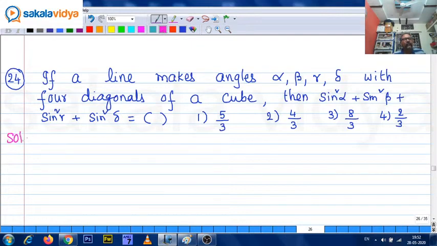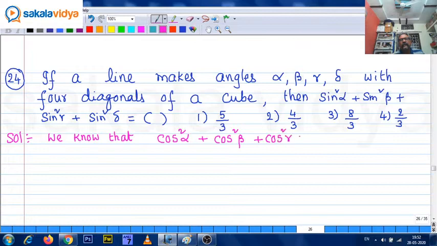Solution. But we know that cos square alpha plus cos square beta plus cos square gamma plus cos square delta equals to 4 by 3.